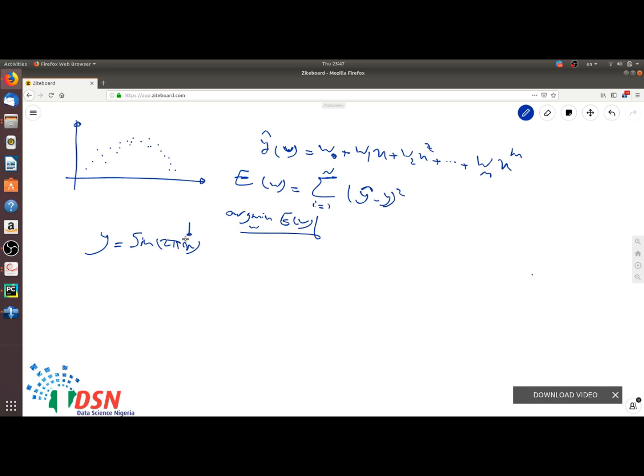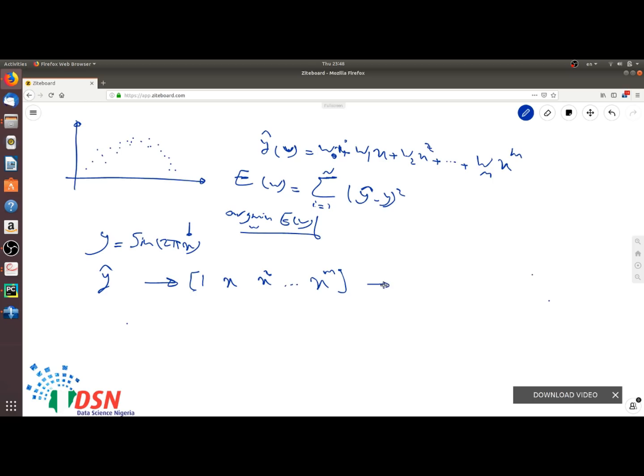We randomly produce some x, and this is the actual function, this is the actual y that we want to estimate, and the estimator is y hat, and the input of the model is a feature vector of 1, which is the coefficient of w0, and then x, x squared to x power m.